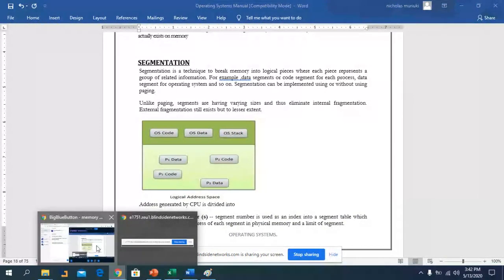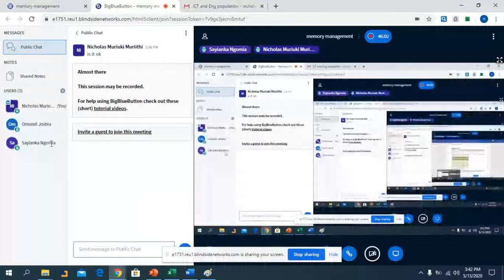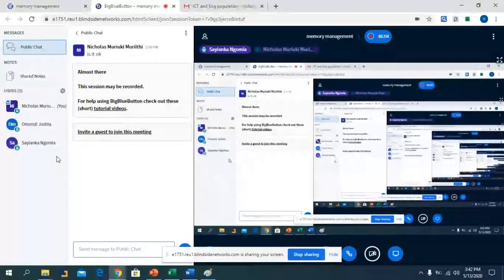Friends, how many memory techniques do we have? Are we in the same class? Can you name at least one memory technique? Dynamic.